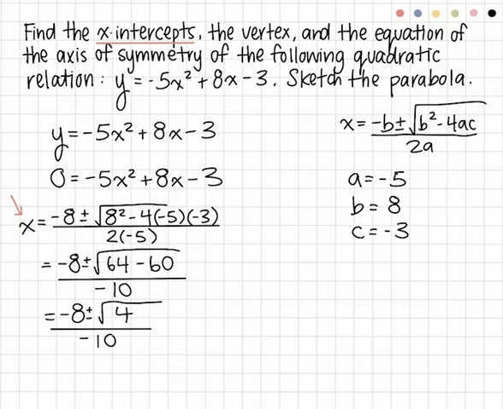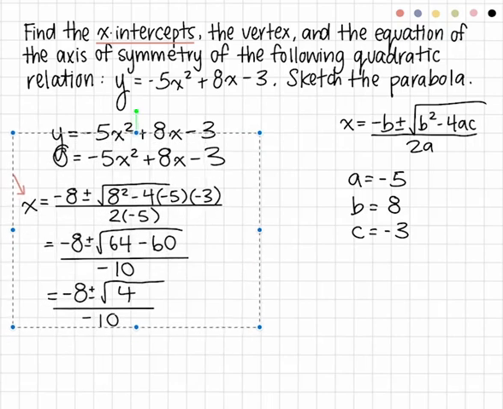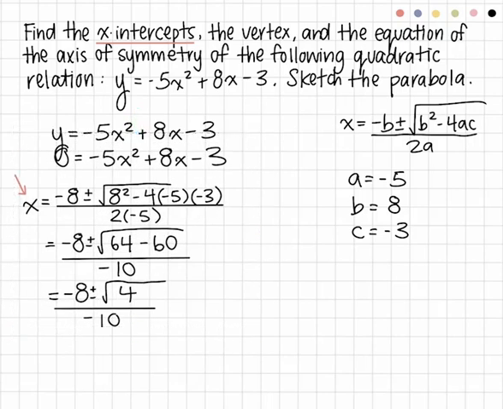Okay, I'm going to make some more space first. I'm just going to move this up here. That's better. So I've got my plus over here: x equals negative 8 plus the square root of 4, divided by negative 10. I'm just really running out of space here.